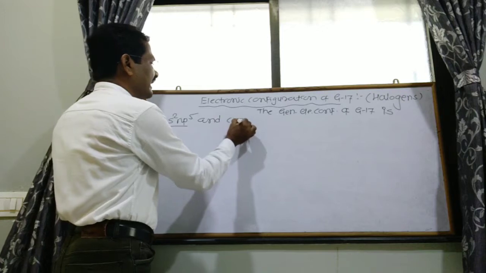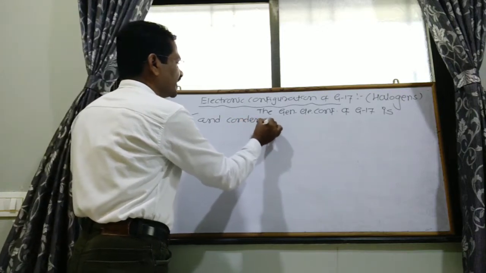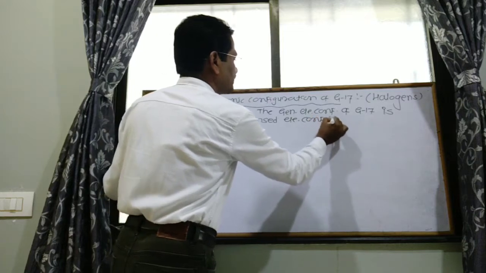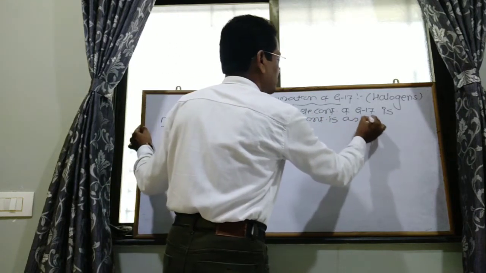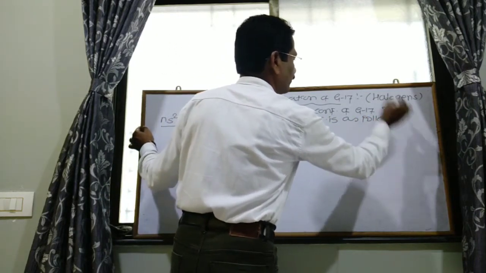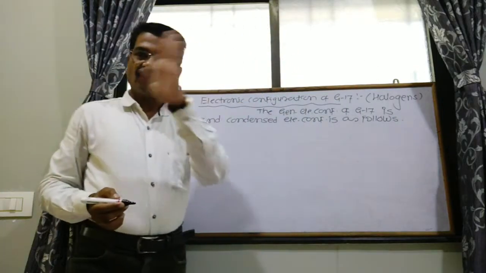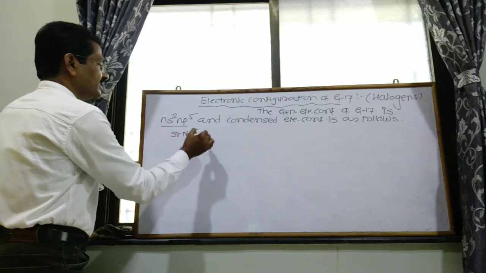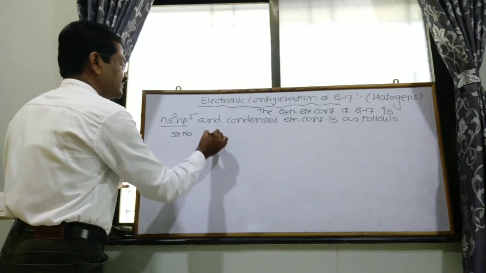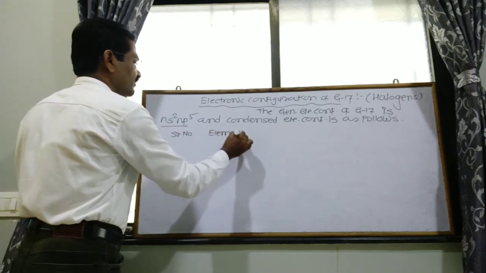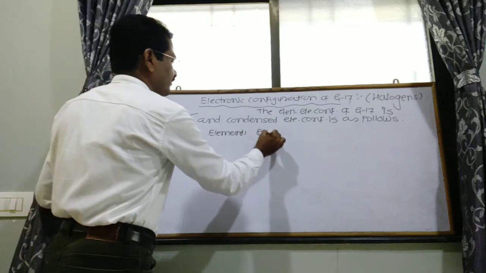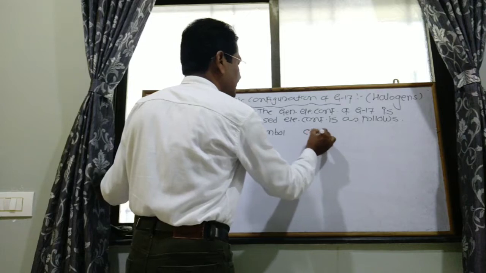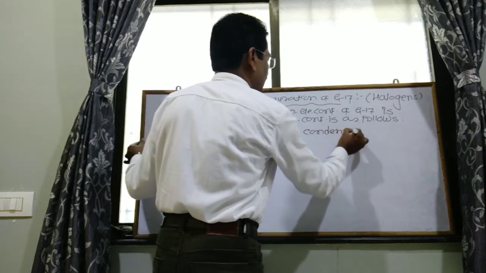and the condensed electronic configuration is as follows. That is the serial number, then the elements, the symbol, and last the condensed electronic configuration.